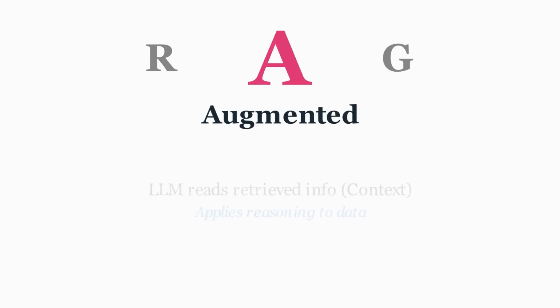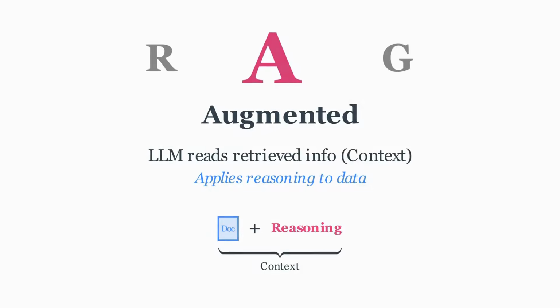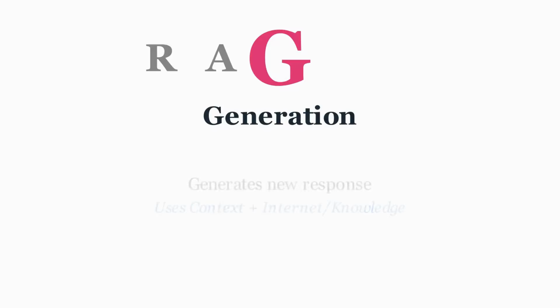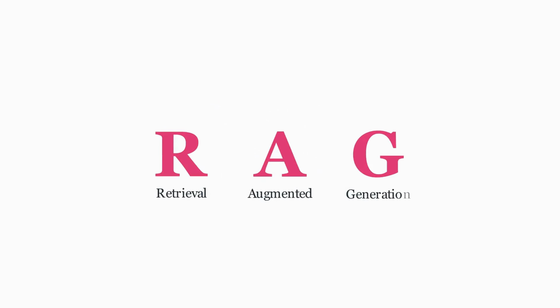The letter A is for augmented: the LLM reads the retrieved info, also known as context, and applies reasoning before the final generation occurs. And finally, the letter G is for generate response: the LLM generates new text using retrieved information and the internet. Each of these steps is abbreviated as retrieval, augmented, and generation.